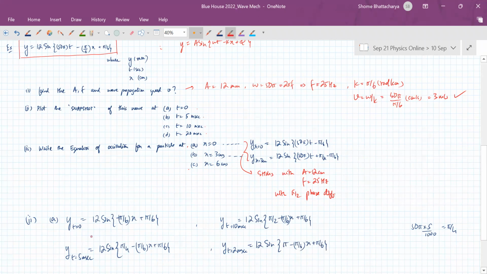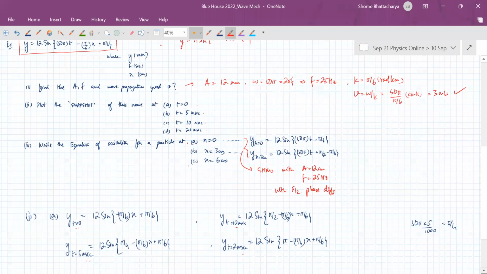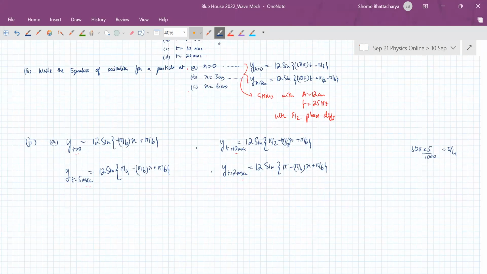We have to plot them, of course, but they are the values at these various times. So next we will plot these 4 snapshot pictures at 0, 5 milliseconds, 10 milliseconds, etc. This last one is 20 milliseconds.